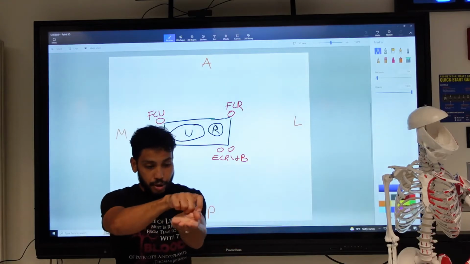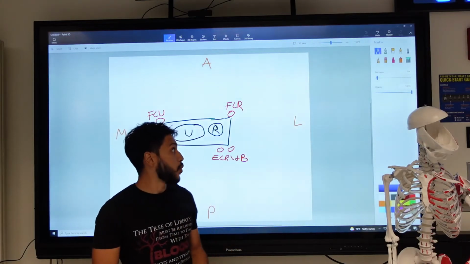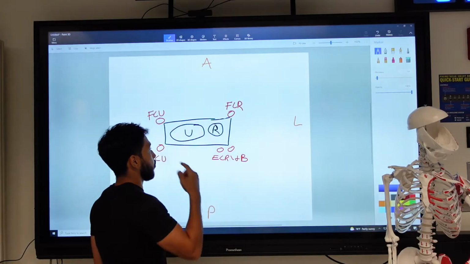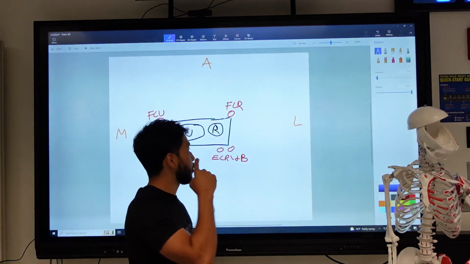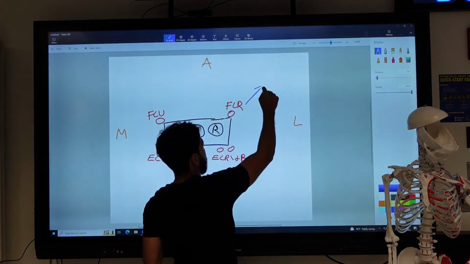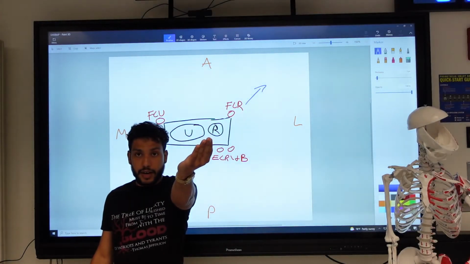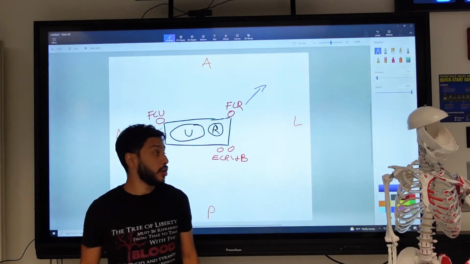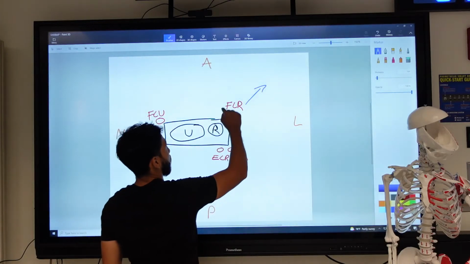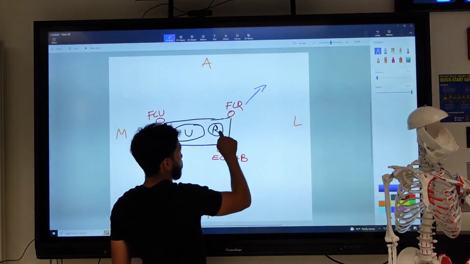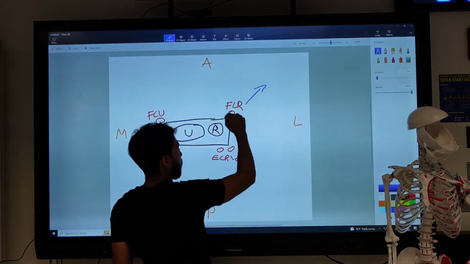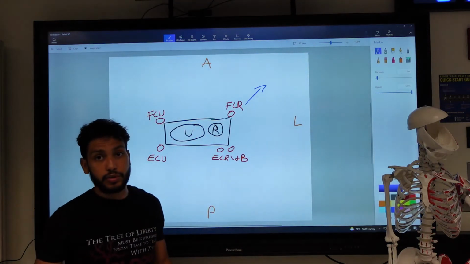So it's going to be pulling on the hand, right? And which way is it going to move the hand? Well, just think about physics. It's going to move the hand in this direction, okay? So that's going to look like this, right? It's going to move it up towards that corner. So that's a combination of both flexion, right, in this direction, and radial deviation. That's what the flexor carpi radialis would do, okay?